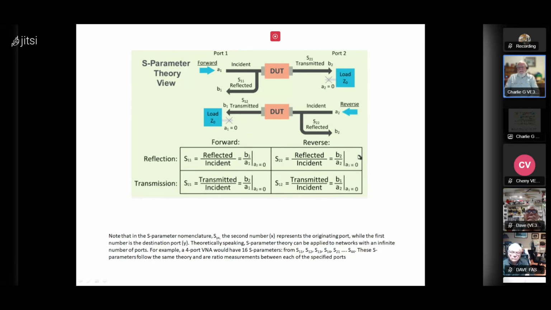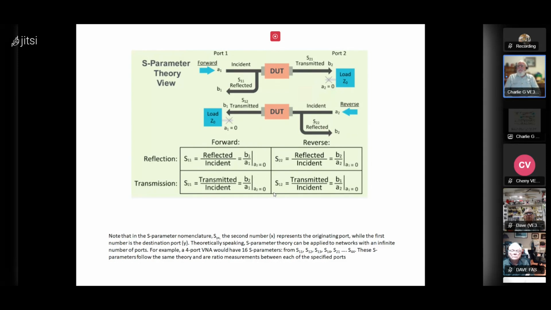So this is the case where A1 equals 0. So this is kind of the math behind it. It's really fairly simple, straightforward math. And once you've done these measurements, this is how you calculate the results for comparison.